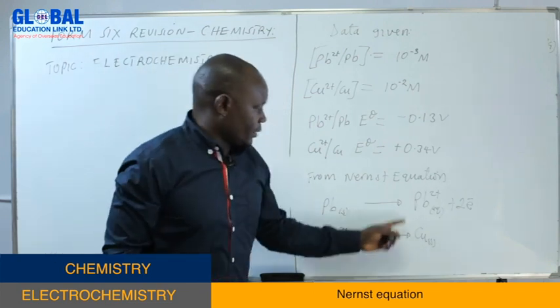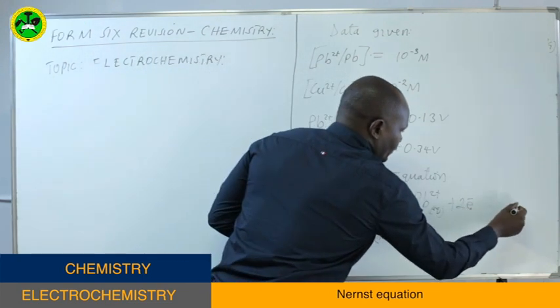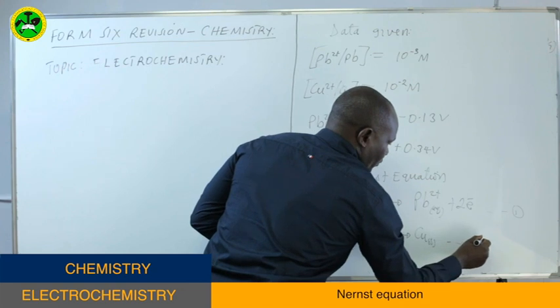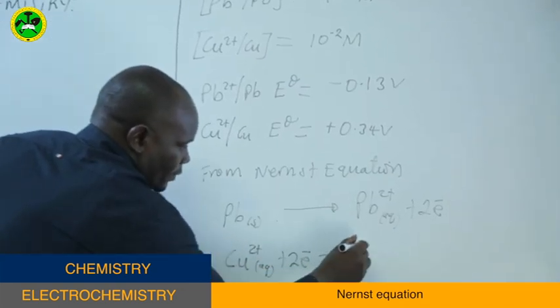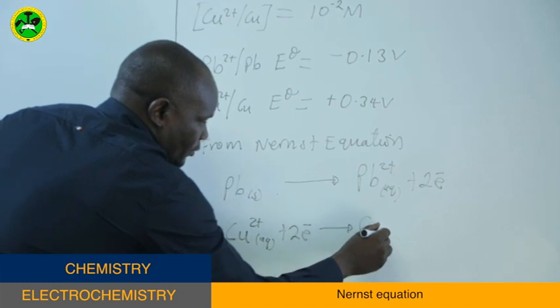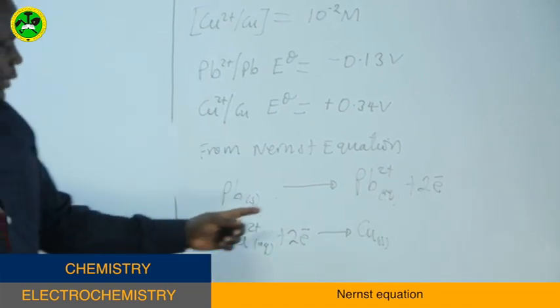So do you see here, this is equation 1 and this is equation 2. Combining the two equations, the number of electrons is 2 in both. So you don't need to multiply by any variables to balance the equation.